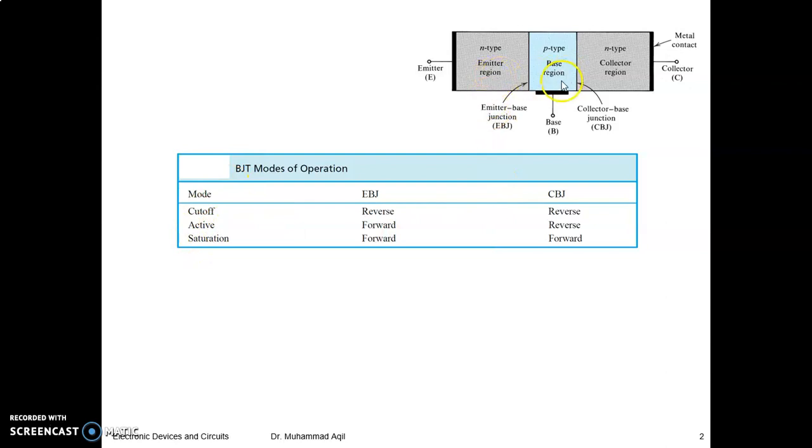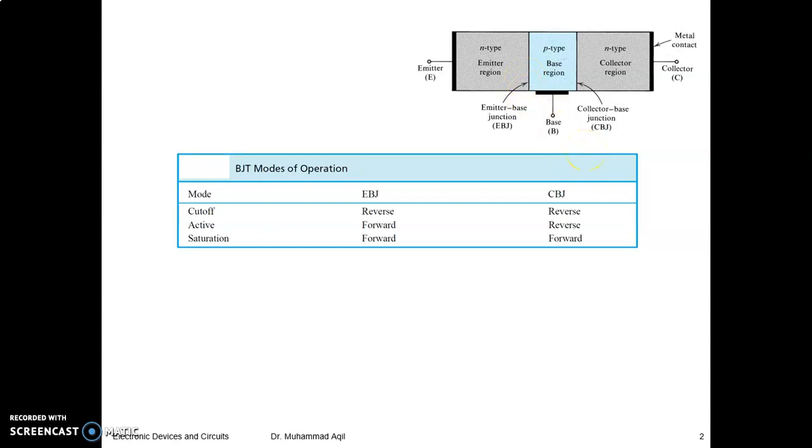If you set both junctions as forward biased, then you are in the saturation mode. One more mode is when the collector base junction is forward biased and the emitter base junction is reverse biased. This is usually called reverse active.